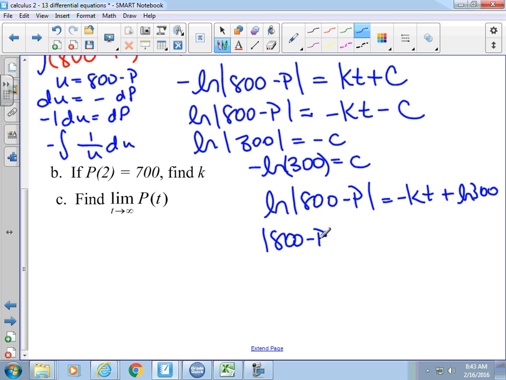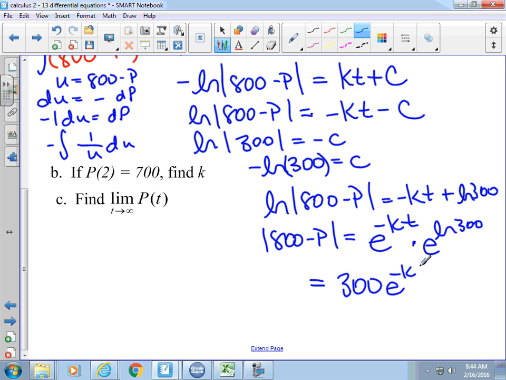800 minus p equals e to the negative kt times e to the natural log of 300. Since this is open response, you don't have to do this step, but it will make your life a little easier. So you get 300 e to the negative kt.